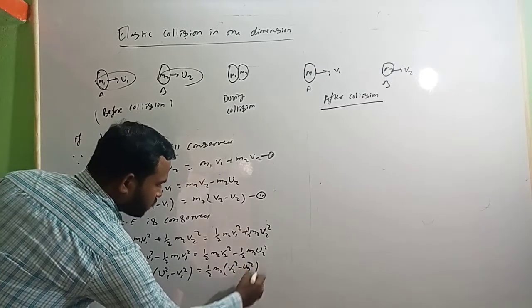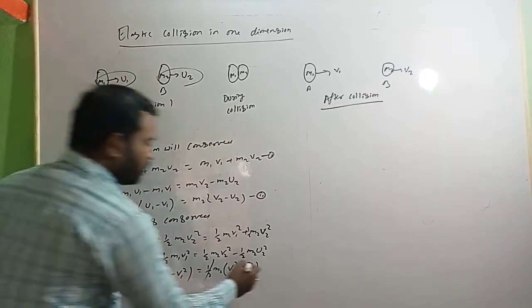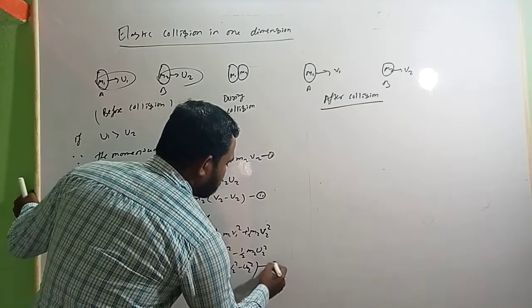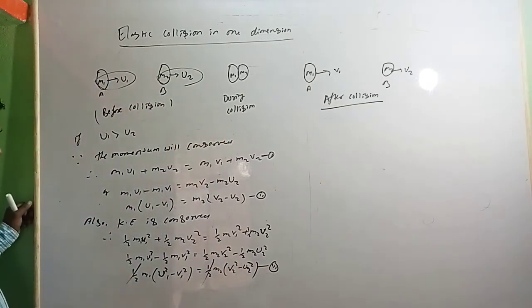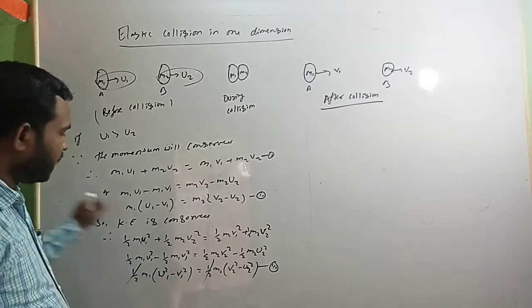Half and half cancel out. Now suppose this is equation third. Now you can divide. Which equation will you divide? You will divide equation third by equation second.